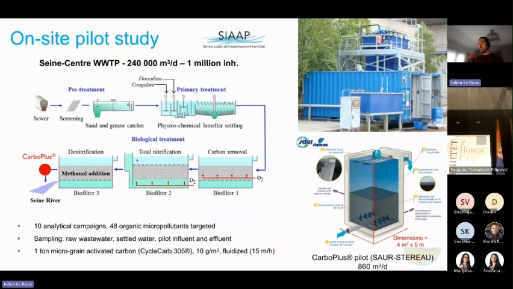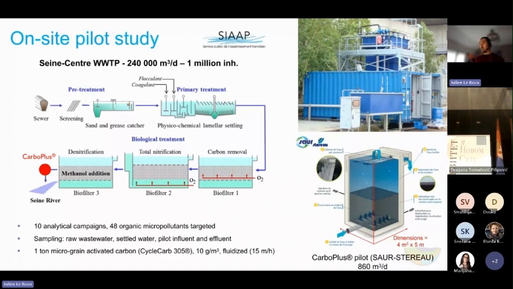In this study, we've done a lot of analytical campaigns during a few years with almost 50 organic micropollutants targeted. We also sampled water inside the plant at the different treatment steps, and of course in the pilot and at the effluent of the pilot.